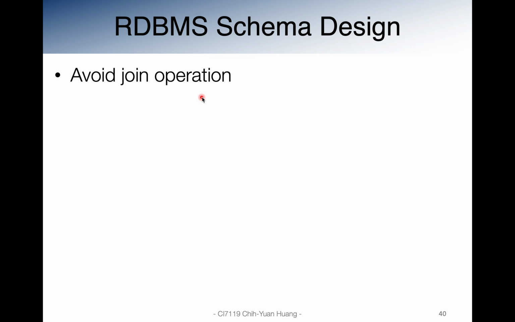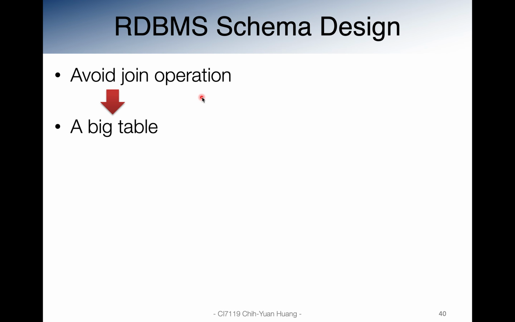However, if you want to avoid the join operation, then the schema design will become one big table, which means that all the information is already managed in one big table. Originally the data was separated in multiple tables, and then you used join to join them together into one big table.